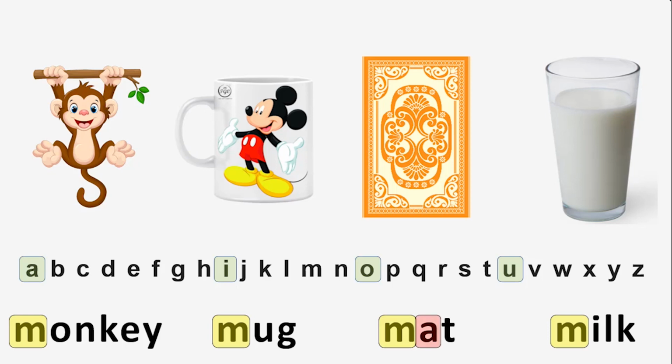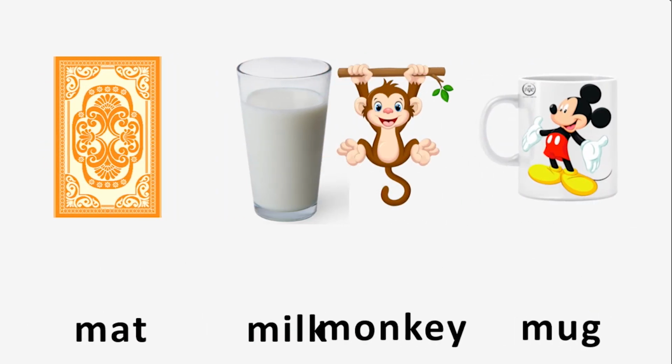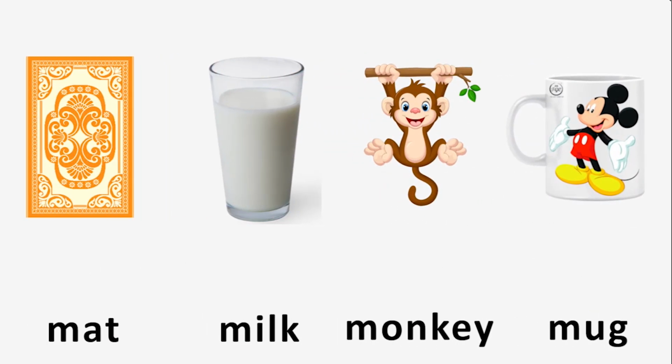Okay, so now look here. Mat has letter A, so the word mat will come first. Milk has letter I, so the word milk will come second. Monkey has letter O, so monkey will be in the third place, and mug has letter U, so mug will be in the fourth place. So mat, milk, monkey and mug.